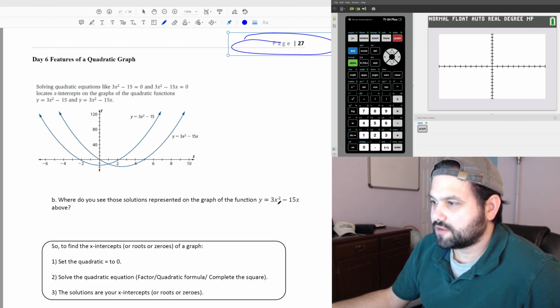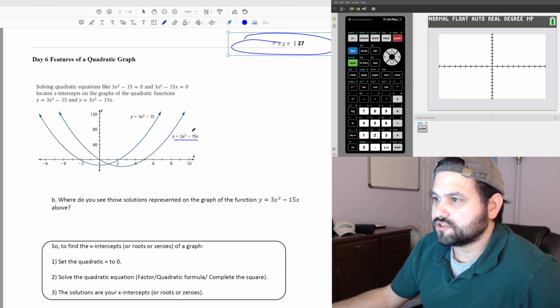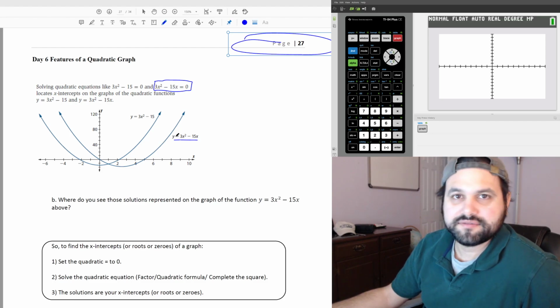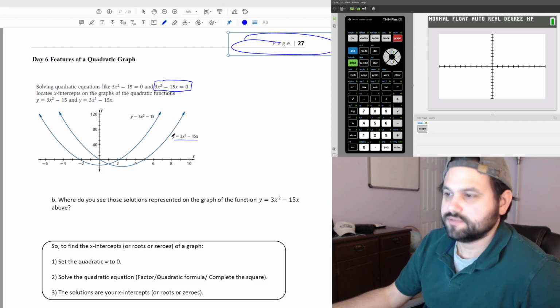So if we're talking about the specific graph of 3x squared minus 15x, we're talking about this one here. And we're looking for the solution to this equation. Where do we find the solutions to this equation on this graph? That's the question that part B is basically asking.